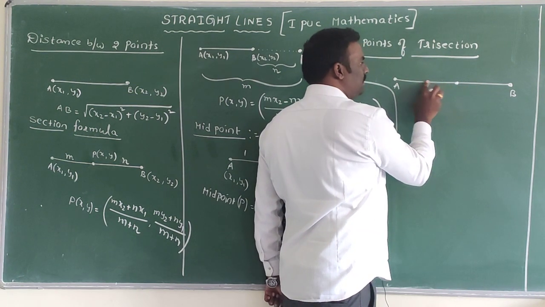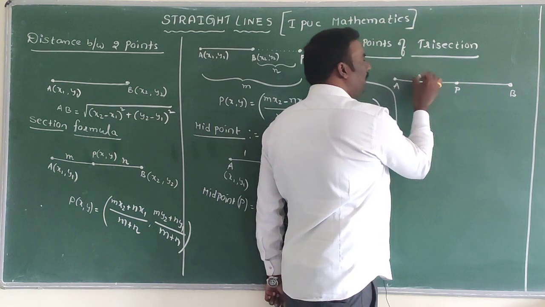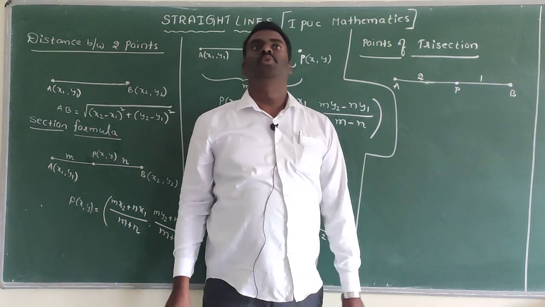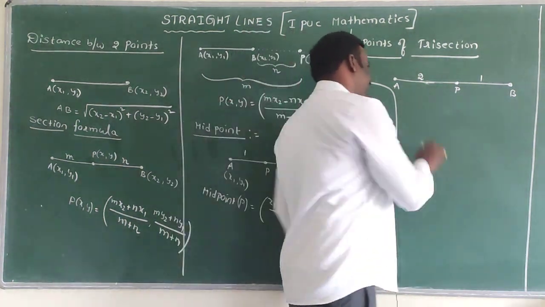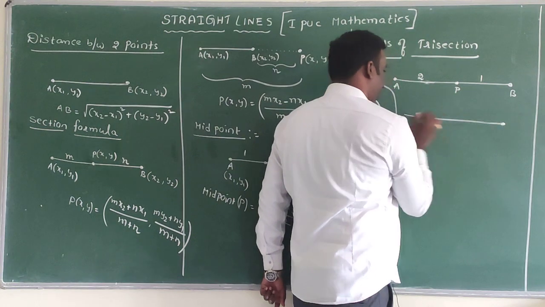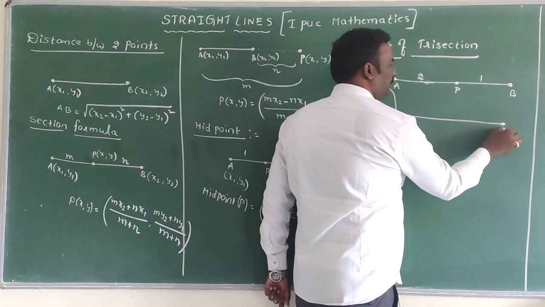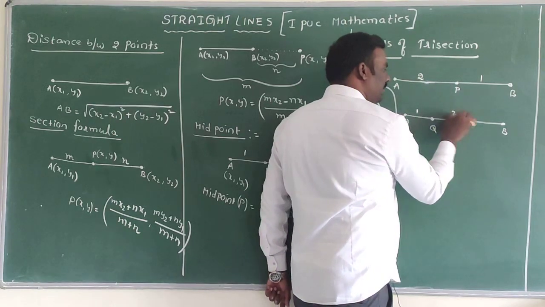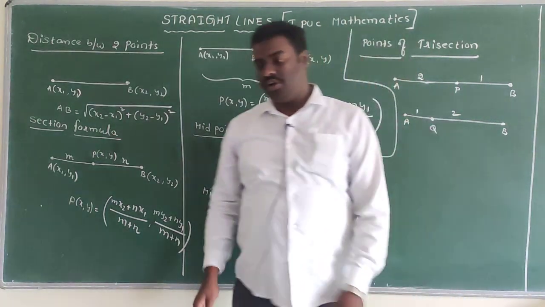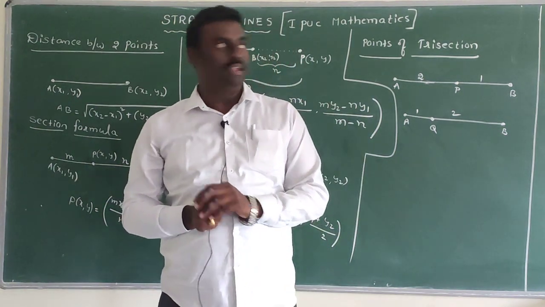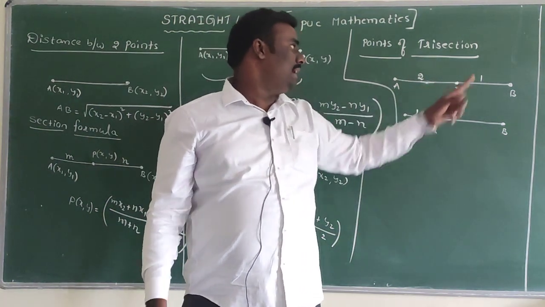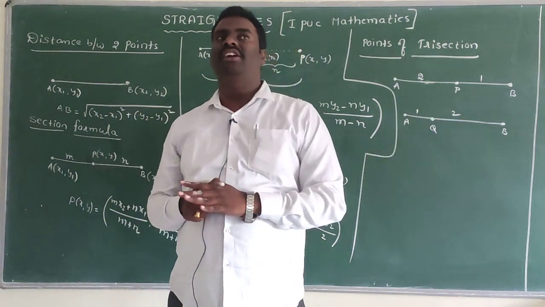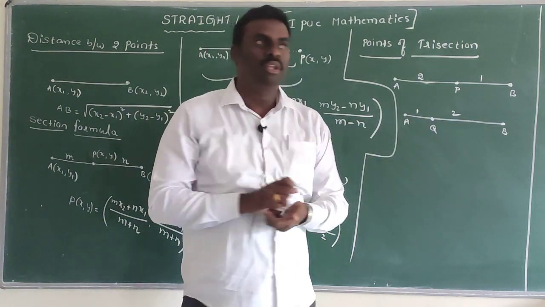First I am taking the point P. P divides AB in the ratio 2:1. Similarly, on the same line AB, I took one more point, that is Q. Q divides AB in the ratio 1:2.